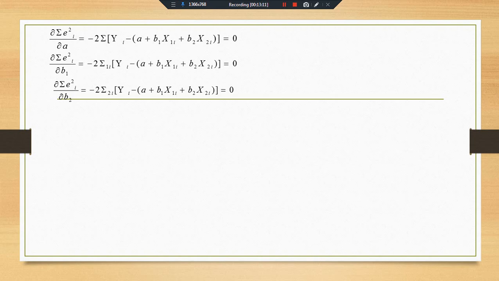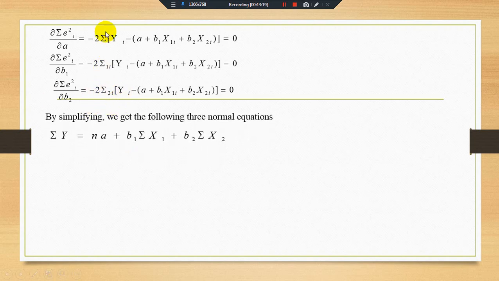Now we can simplify these three equations into the normal equations. From the first equation we get summation y equals n a plus b1 summation x1 plus b2 summation x2. From the second we get summation x1 y equals a summation x1 plus b1 summation x1 squared plus b2 summation x1 x2.